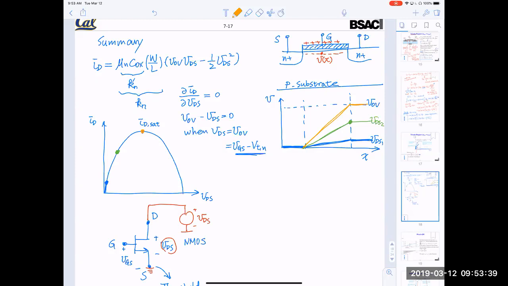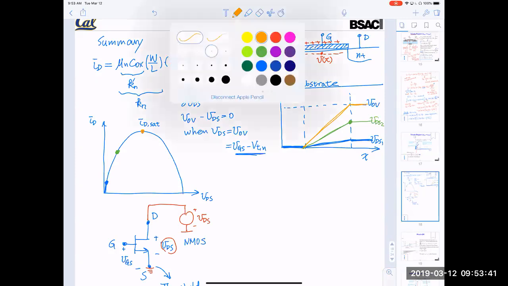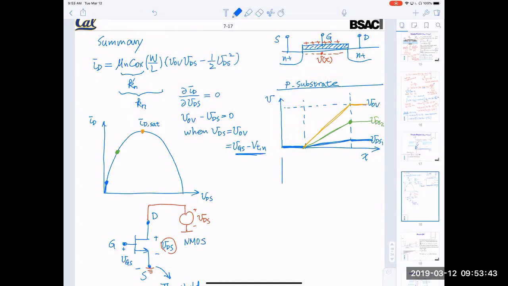We can gain a little bit better understanding if we plot, at the same time, our electron density. So if I plot N of X, these are electron density per unit area.